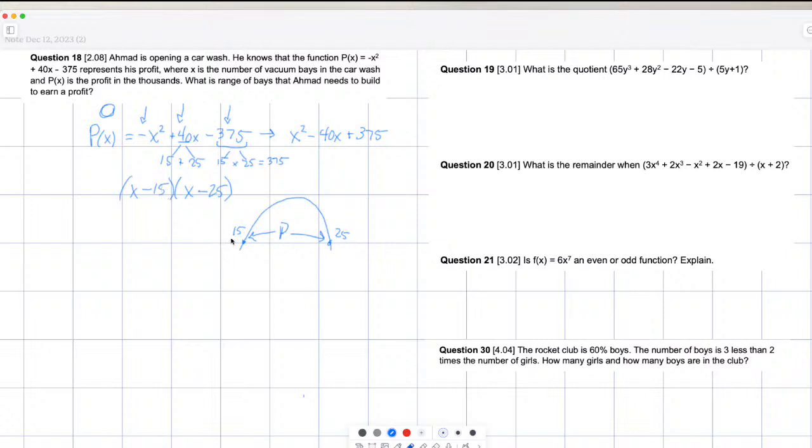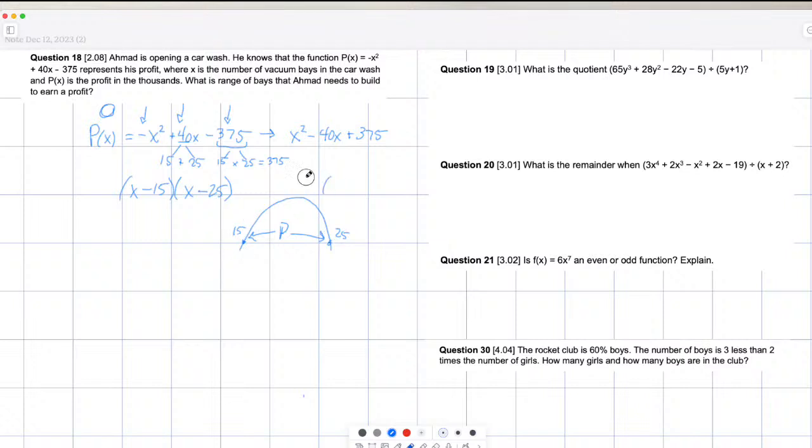So that's where it crosses the x-axis at 15 and 25. So that's where we are going to operate. So the range of bays that Ahmad needs to build to earn a profit is between 15 and 25 bays. Okay, not 15 and not 25, because your profit will be 0, but between 15 and 25.